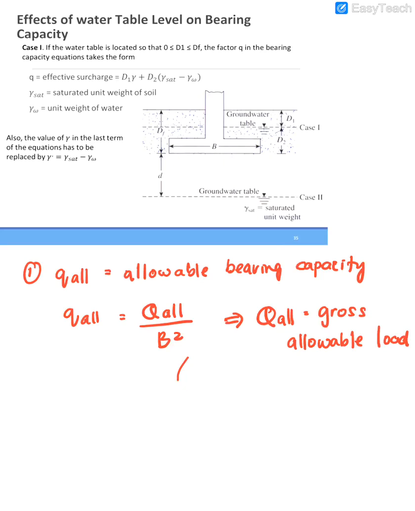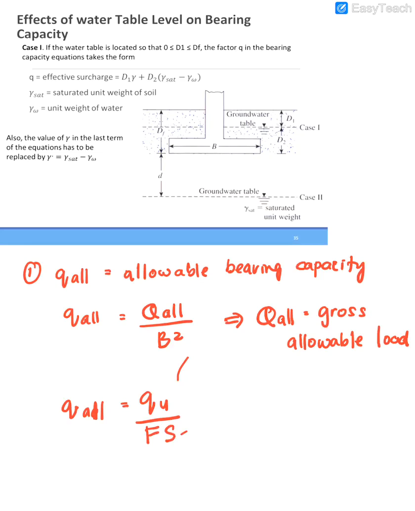Another equation that you can use to calculate q allowable, the allowable bearing capacity, is q all equal to qu over Fs.